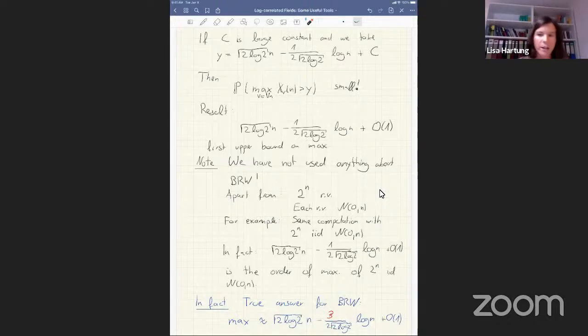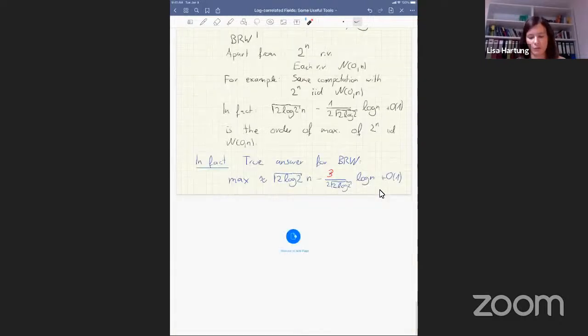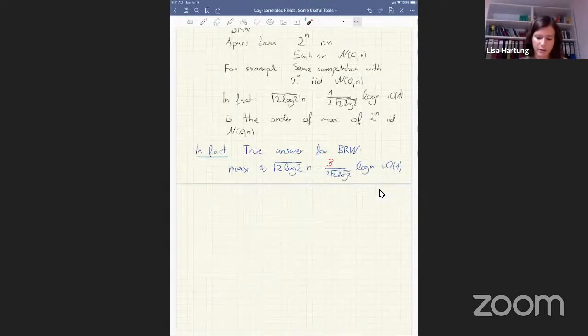What I will try to convince you of tomorrow is where this comes from and how these types of things can be addressed with path localization.